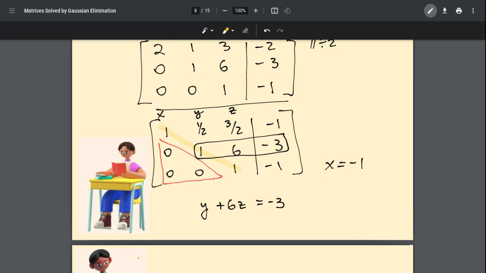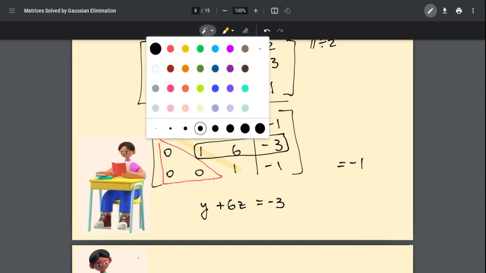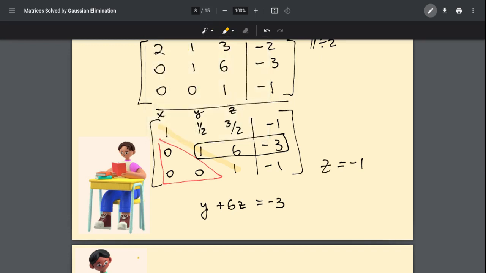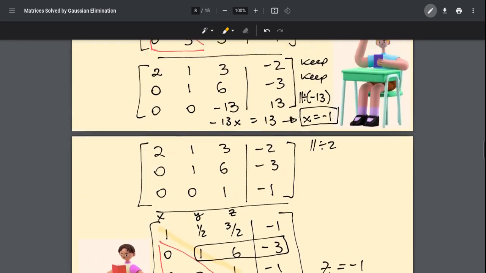Okay, so I still have to find my, oh, look guys, hello, we did not find x, we found z, because I still have to find one at a time, right? So let's go and correct it.